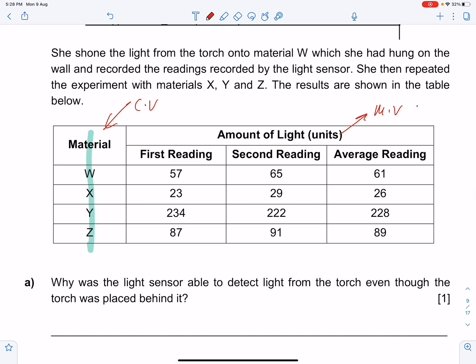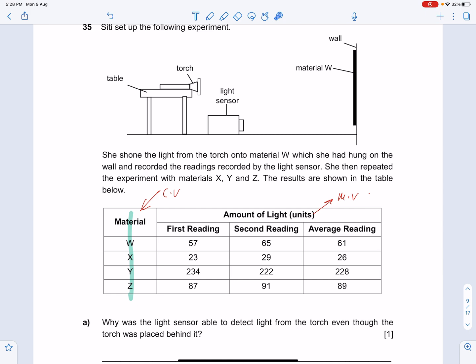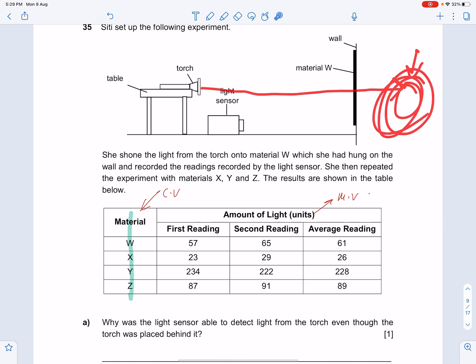Why was the light sensor able to detect light from the torch even though the torch was placed behind it? Okay, so what it means is that your light sensor is here. They are asking you, why is it that you're able to detect the light even though it's placed behind the material and not in front of the material? If it's in front of the material, it's very straightforward, right? Your light will have passed through the material and then you have detected, if your sensor was over here.